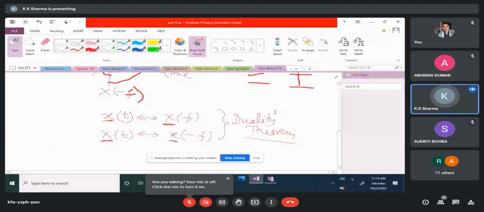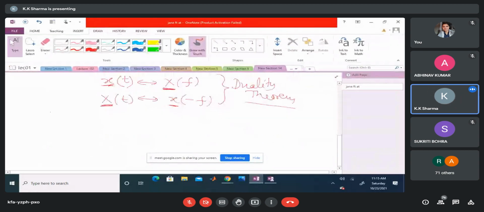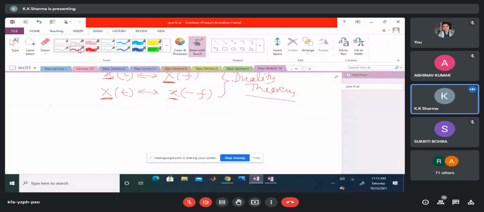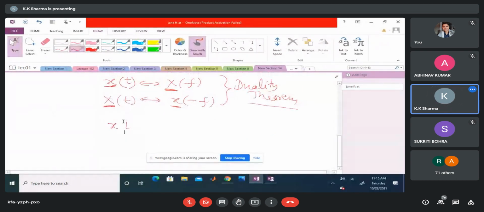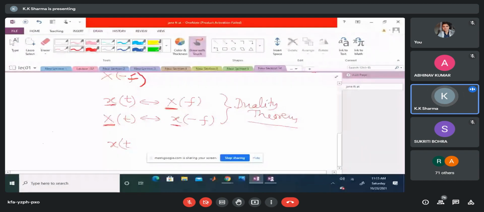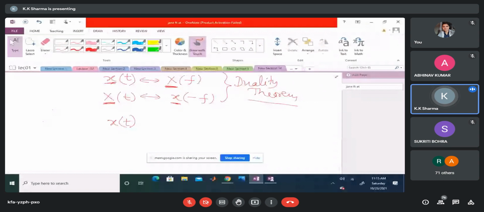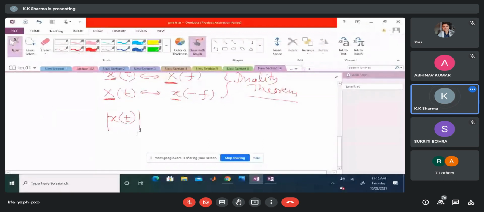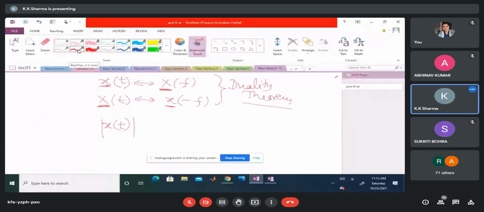Okay? Yes. Duality theorem. Now, another important property of the Fourier transform is that for this to exist, your signal x of t should be absolutely integrable. That is the condition for existence.